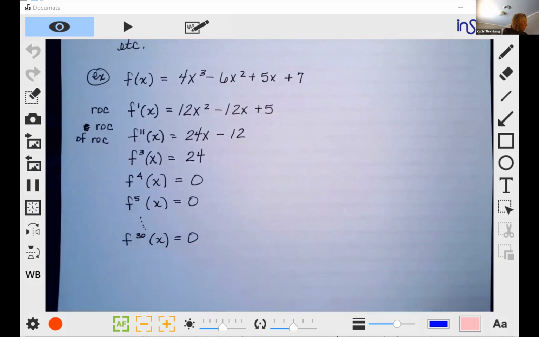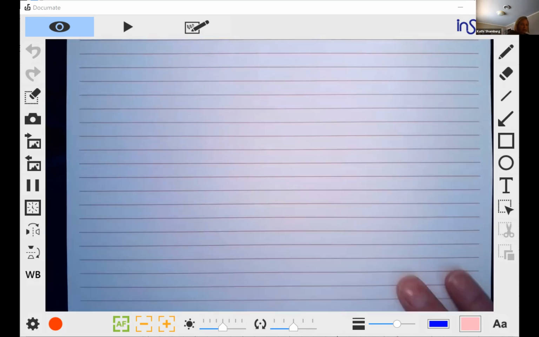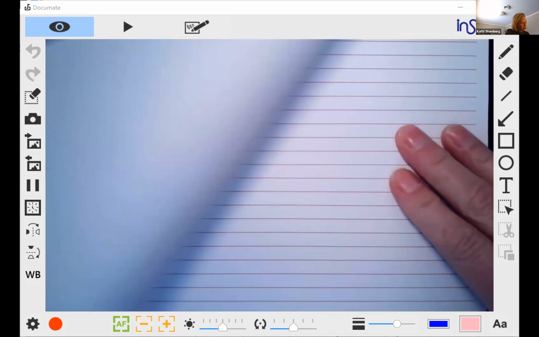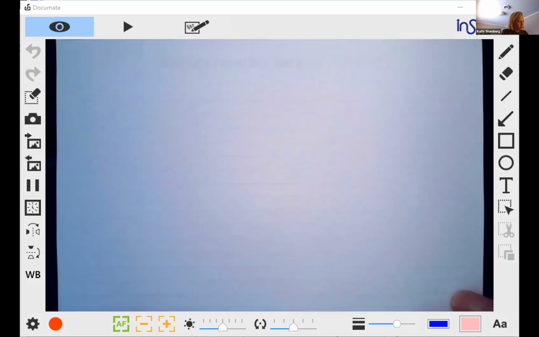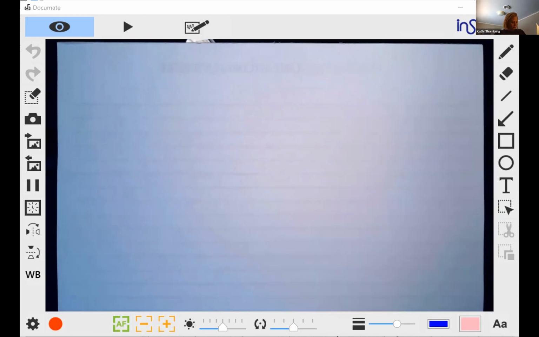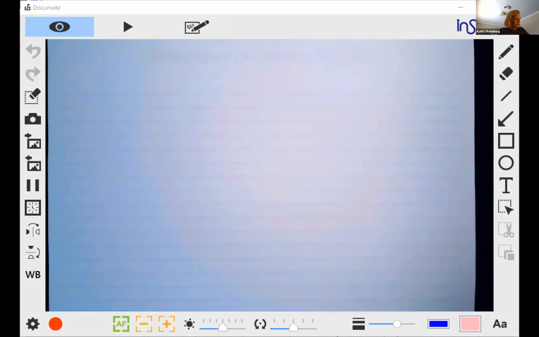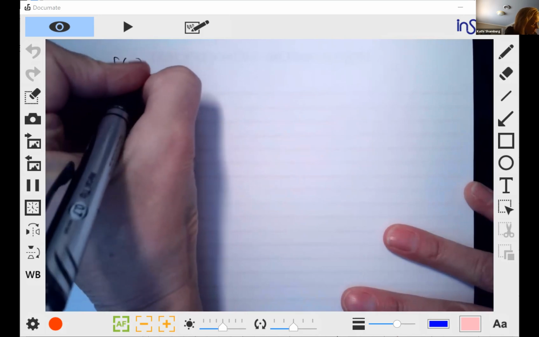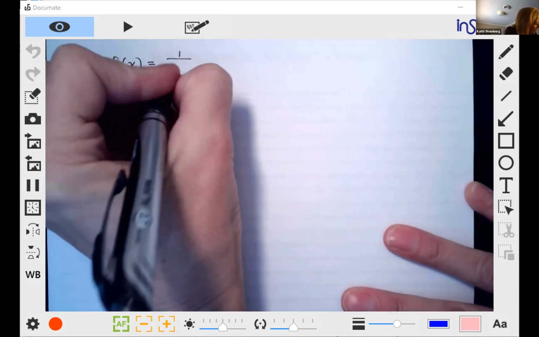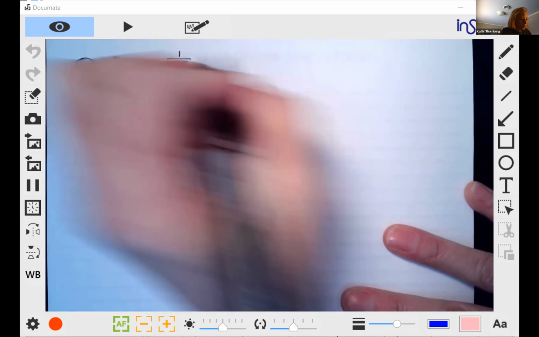Okay, so I don't think I'm going to have enough room on that page, so I'm going to go ahead and start. We're going to do an example. All right. Say we have the function f of x equals 1 over the square root of x.